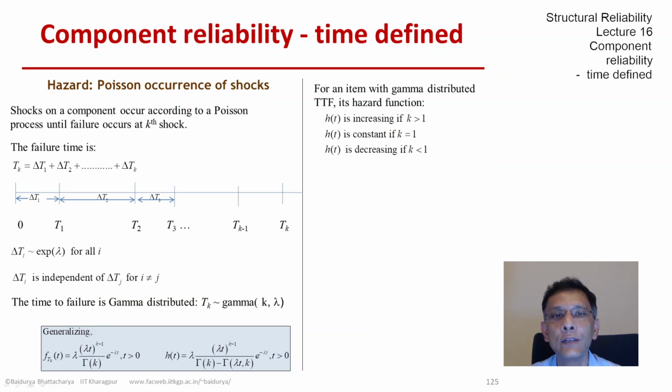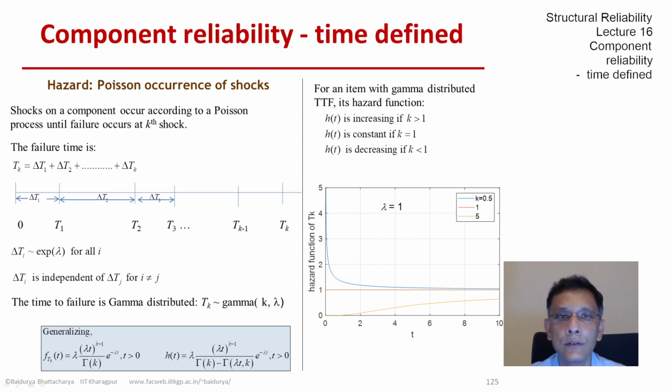So essentially what we are saying is the time to failure is exponential, and we already have looked at in the previous slide that if the time to failure is exponential, then the failure rate is constant. So there is no surprise there. But if we just show with the plots, we can see the behavior of the hazard function depending on whether k is greater than 1 or less than 1.